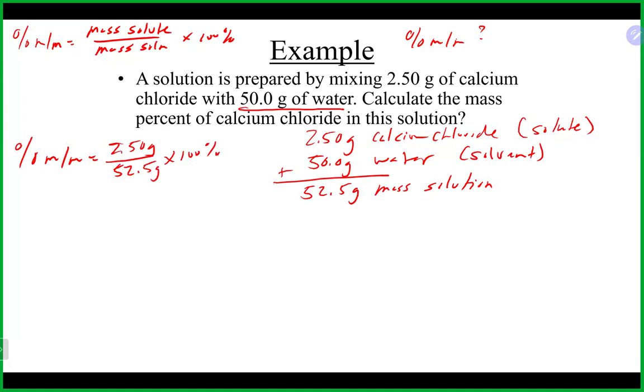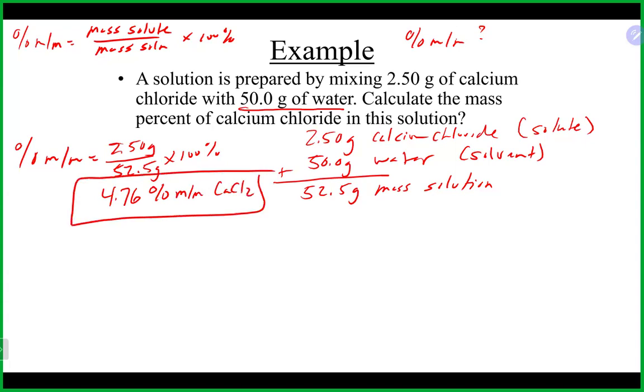And that's going to get us 4.76%, I believe. Now, the way you could typically leave it is just write percent M/M, and you can put calcium chloride if you like. That is the way the answer is given.